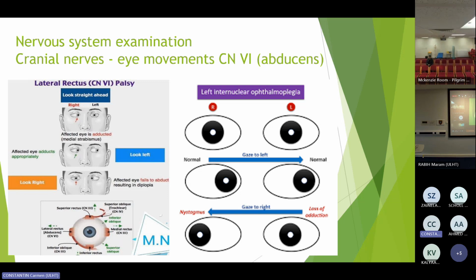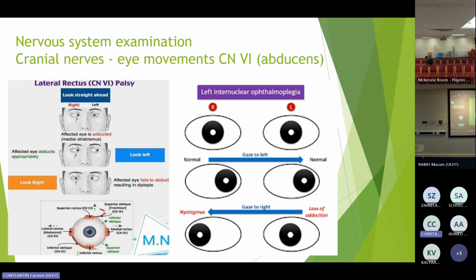So let's concentrate on the right-hand side image. This is how the eyes are supposed to look, the right, the left, normally. The patient is having gaze to the left, and you can see that both eyes are moving towards the left.